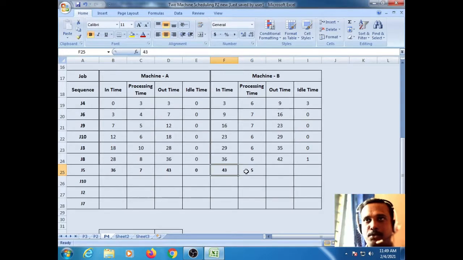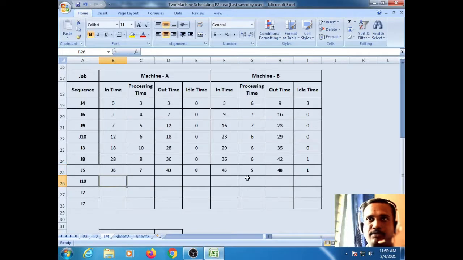At the 42nd hour machine B is ready to perform the next job, but at the 43rd hour the work is available for machine B, so the machine has to wait 1 hour to get the work. At the 43rd hour machine B will get the work, then we simply calculate the out time here. How much idle time here? 42 and 43, so the gap is 1, so 1 hour is the idle time for machine B.